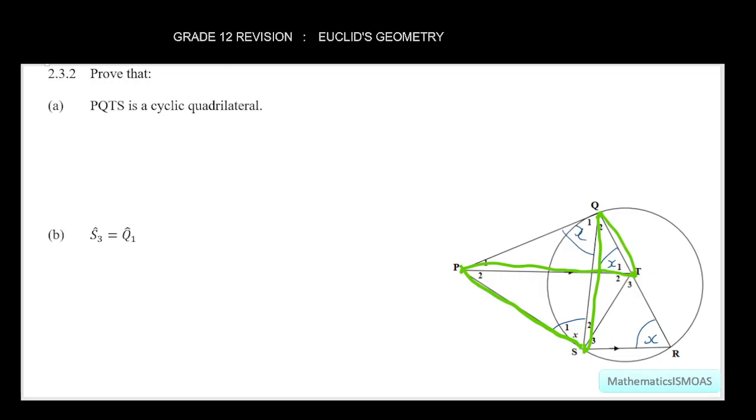Therefore, if we are to draw a circle that passes through P, Q, T, and S, we will be having a cyclic quadrilateral. Hence, we'll also be having angles in the same segment. So now that we know that T1 is equal to angle S1, and both T1 and S1 are subtended by the same line segment, therefore PQTS will now be a cyclic quadrilateral.